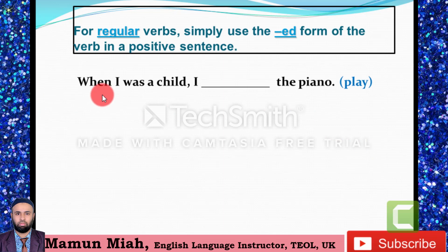Look, here is a positive sentence, or we can say affirmative form. When I was a child, I blank the piano. The verb in the bracket is play. So this is an indication of the past time. That is why the verb will be played.